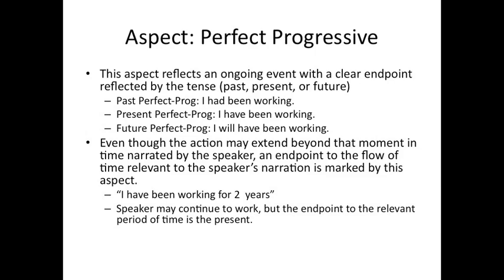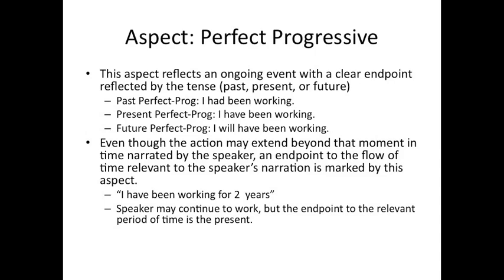So, okay, let's talk about how something is ongoing and yet has an endpoint. Now, when you're narrating a story, you might use this tense and aspect. I had been working for 2 hours when something happened. So you're calling your attention to a point in time, in this case the past, where it's true that you had been working.